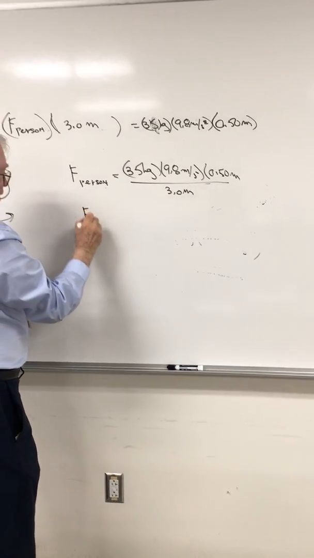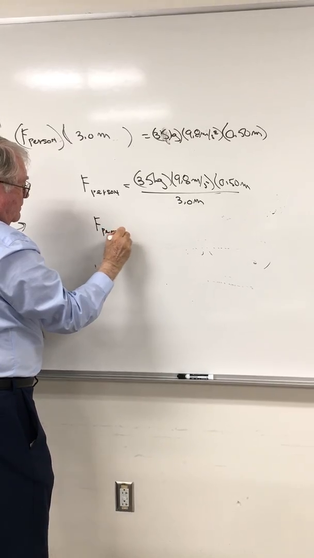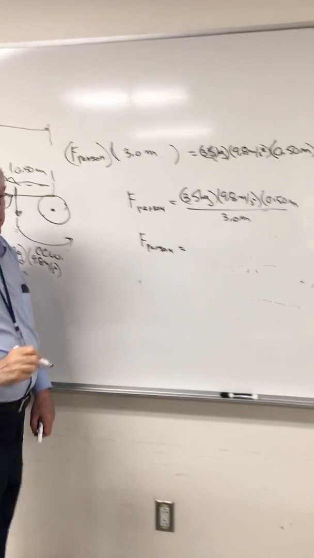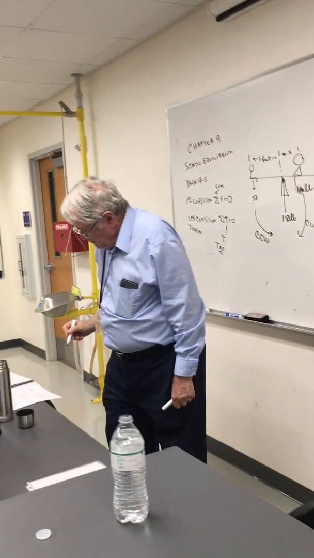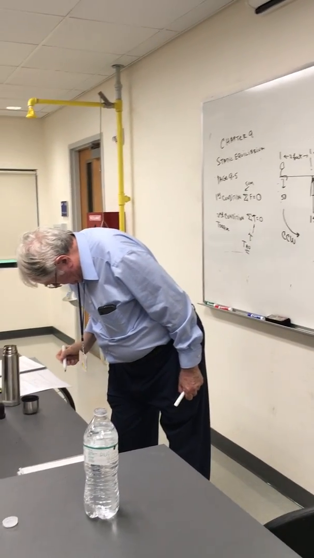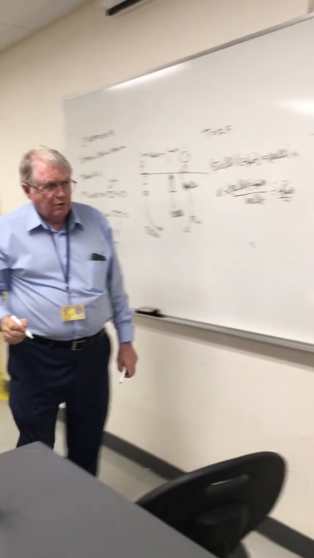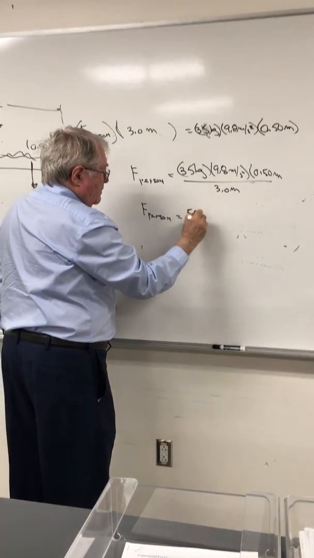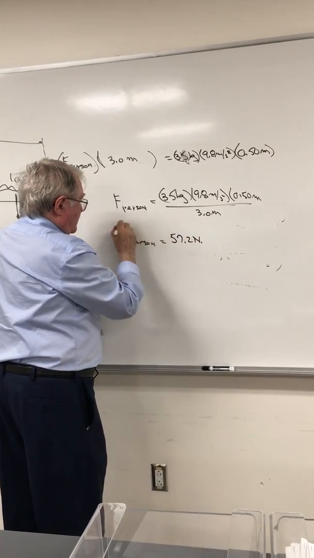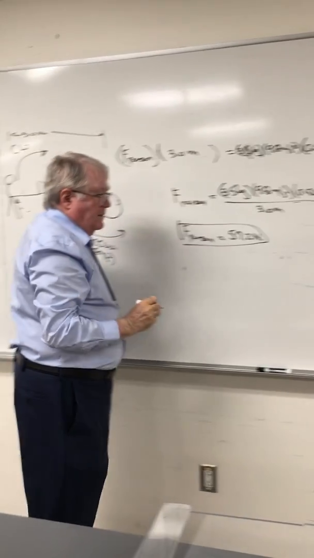Assuming I did not make any mistakes, this comes out to be about 57 newtons, and that's the answer I have in the book. About 57.2 newtons. And we can shut it off.